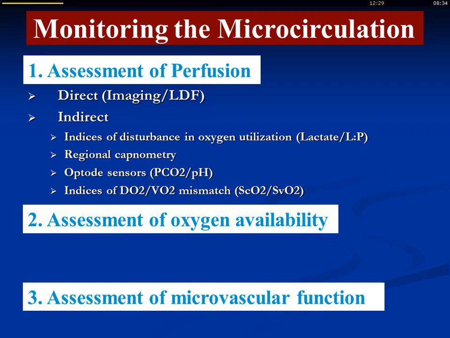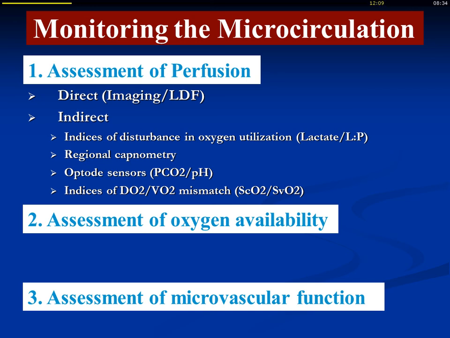So indirect assessment implies looking at the indices, for example, of disturbances in oxygen utilization, like lactate pyruvate ratio, and also at an important metabolite, which is the carbon dioxide.